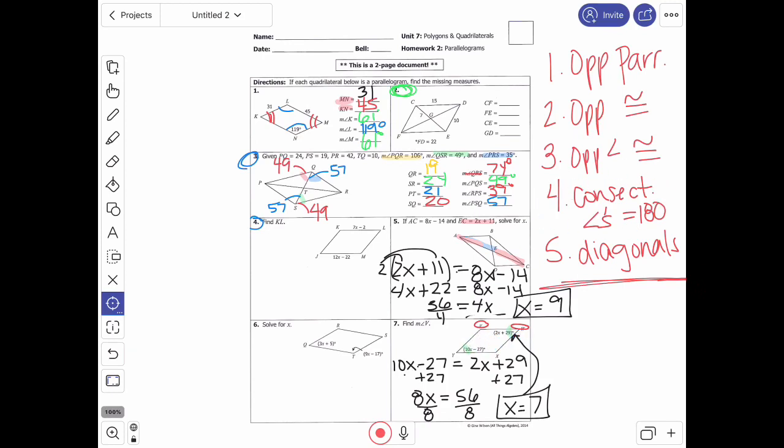So I'm actually going to start writing to the left here. If I plug in 7 for angle W, I have 2 times 7 plus 29. So I get 14 plus 29. So angle W is 43 degrees.